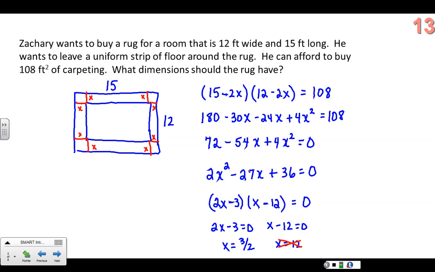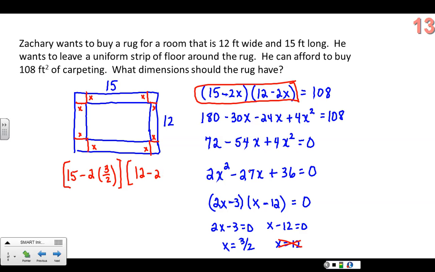So let's think about the dimensions of our rug. The dimensions of our rug were given previously in the problem. 15 minus 2 times x. So let's see what that would be. 15 minus 2 times 3 halves. And then the other dimension was 12 minus 2 times 3 halves.